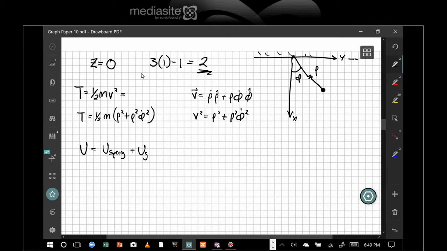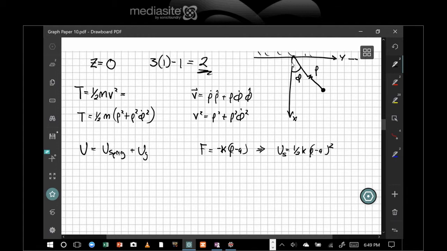I said zero gravitational potential at this y equals 0, x equals 0 point, and then since the force was equal to minus k (rho minus a), from what you know about potential energies, the spring potential energy is just going to be equal to 1/2 k (rho minus a) quantity squared.